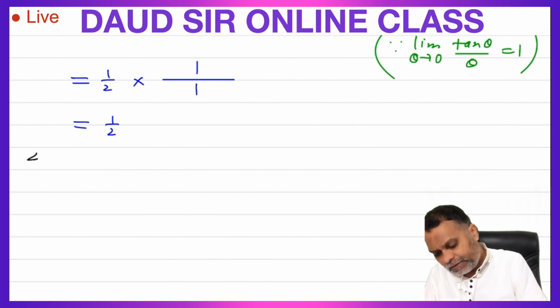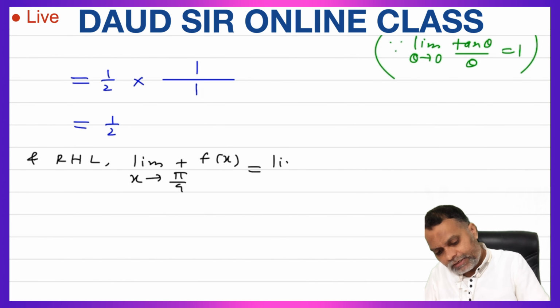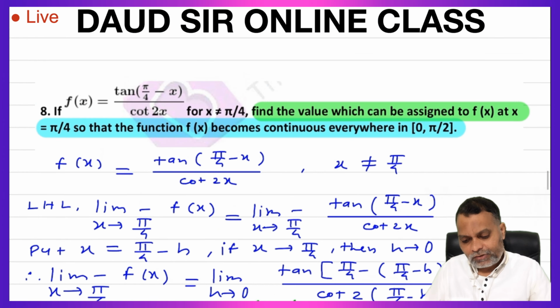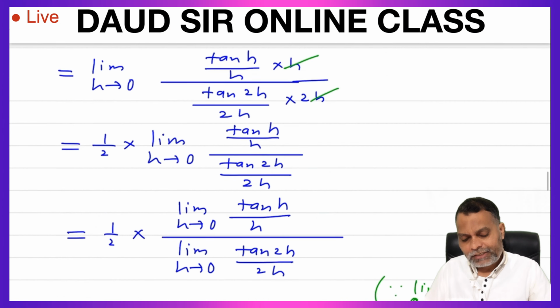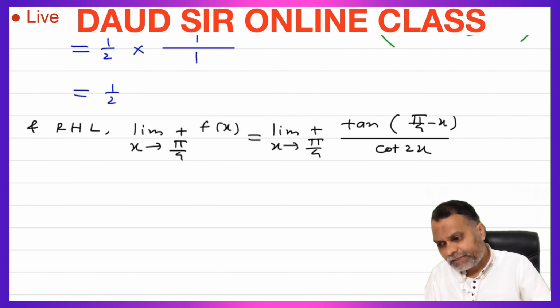And the right hand limit, limit x tends to pi by 4 plus f of x is equal to limit x tends to pi by 4 plus the same function where x is not equal to pi by 4, tan of pi by 4 minus x upon cot 2x.